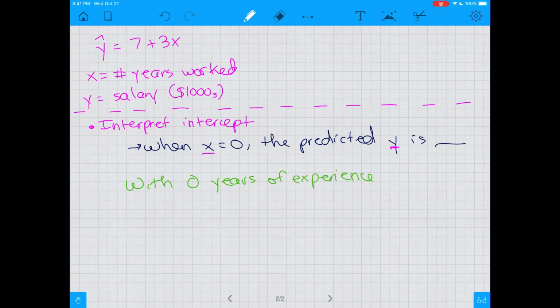or we can say something along the lines of when starting at this company, there is a predicted salary, and again, this word predicted is very important, of $7,000. So you can also say, the company has a predicted starting salary.